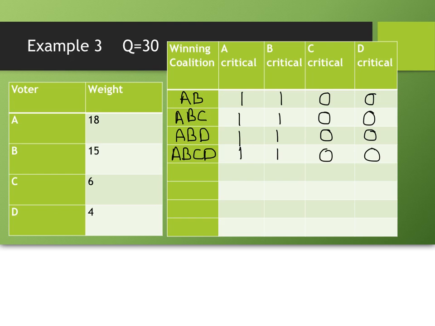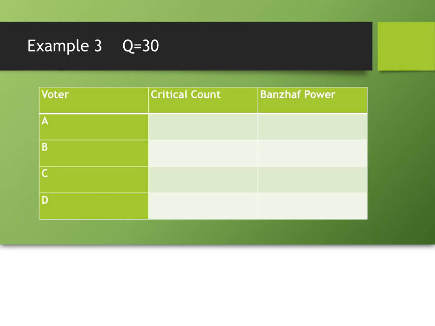So before we move on to the next slide, it's pretty clear that both A and B have critical counts of 4, and C and D have critical counts of 0. So A and B, critical counts 4, 4, 0, 0. The sum of critical counts is 8. And the Banzhaf power in this case is 4 out of 8, 4 out of 8, 0 out of 8, and 0 out of 8.